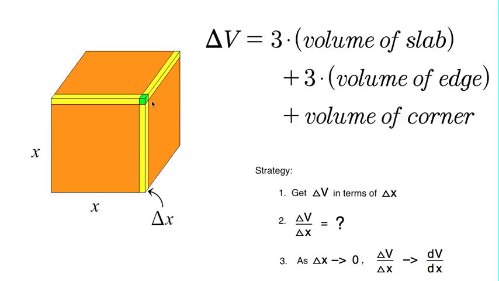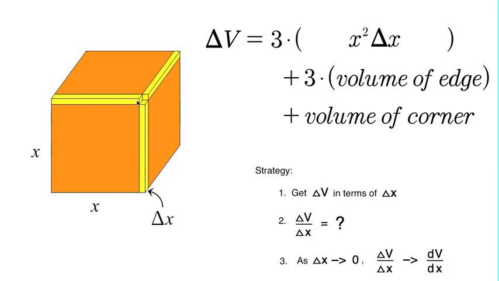So I'm going to just take the corner out for a second so we can see the dimensions a little better. How about the slabs? The slabs, it's a block, so the way you figure out the volume is the height times the width times the depth, x times delta x, that's the depth. So the volume of the slab is x times delta x, or x squared delta x. How about the edges?